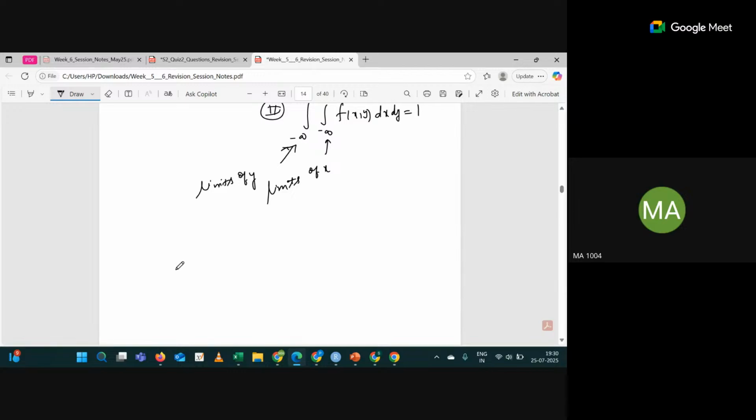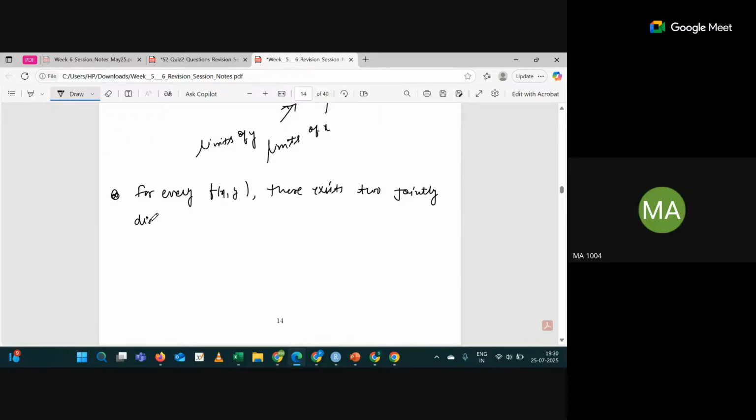Let me write a basic definition. For every f(x, y), there exist two jointly distributed continuous random variables X and Y, such that for any two-dimensional region A, it can be anything.